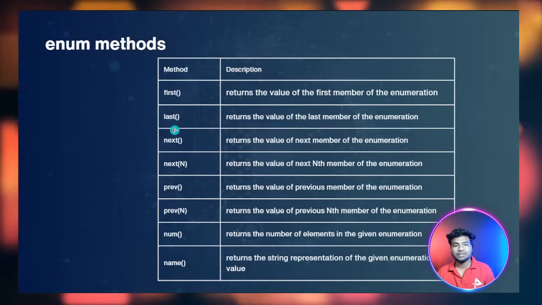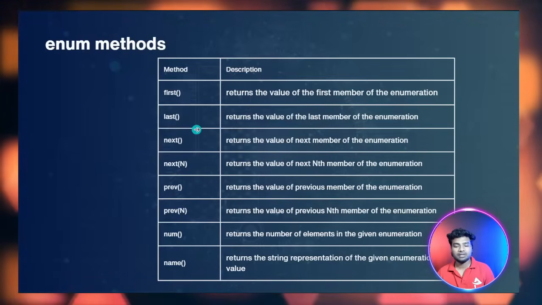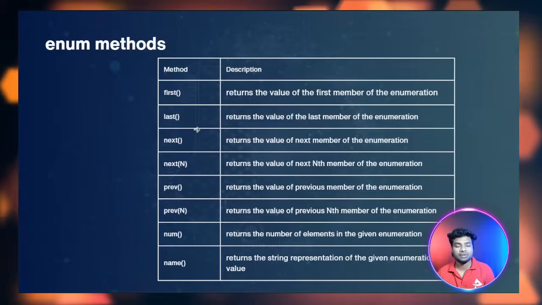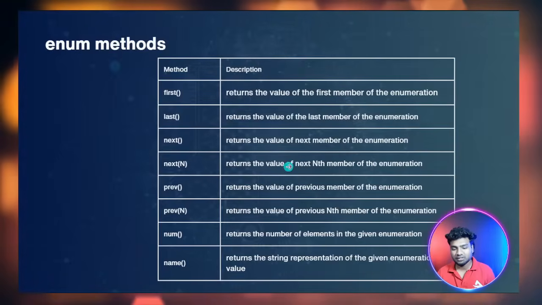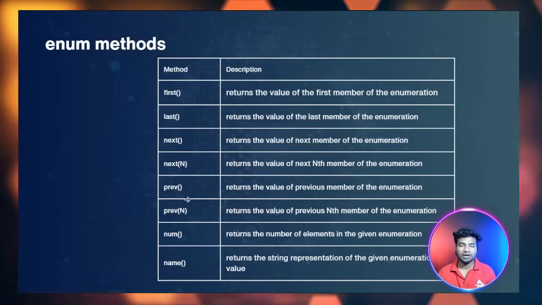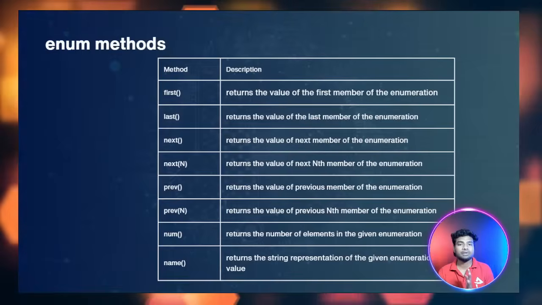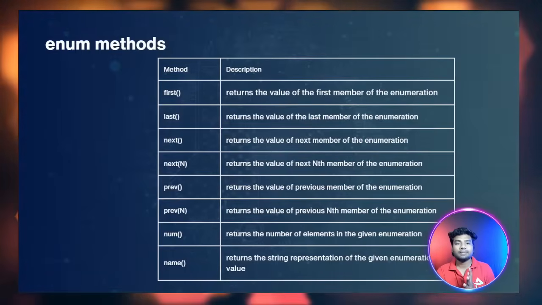Last will display the value of the last element in the enum. Next returns the value of the next element of the enumeration. Next n returns the value of the nth next element. And previous, whatever the current element of the enum is, will display the previous enum element value.